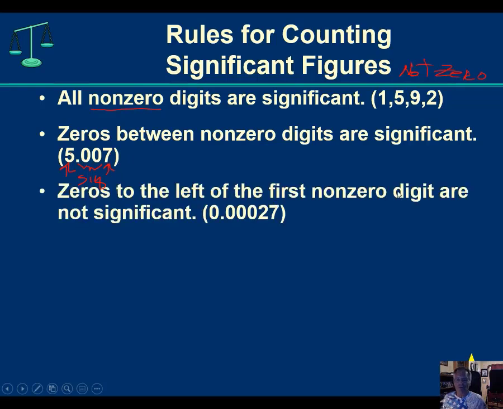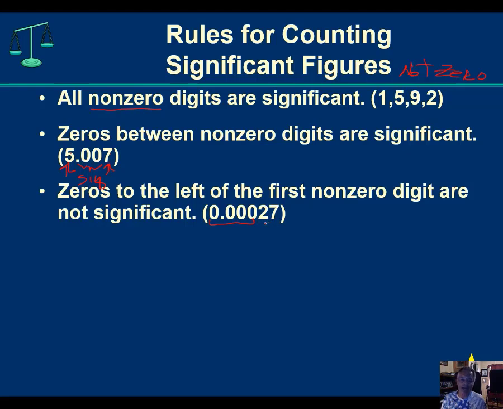Zeros to the left of the first non-zero digit are not significant. All of these zeros right here are only telling you about the magnitude of this particular measurement. You will do measurements in chemistry that have very small values.